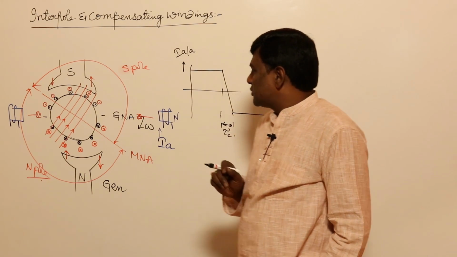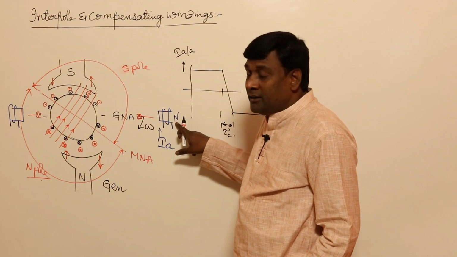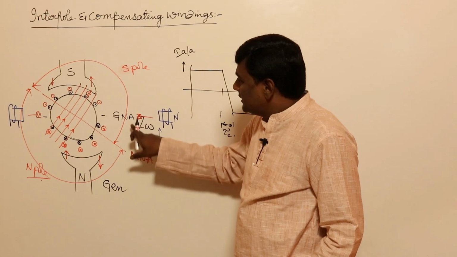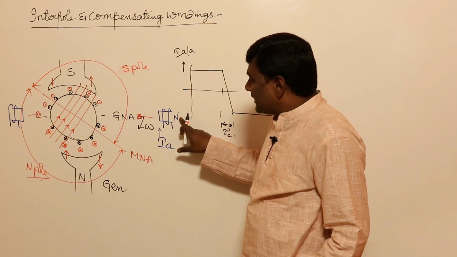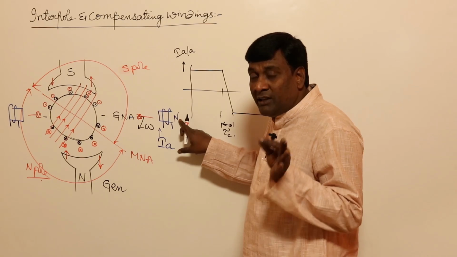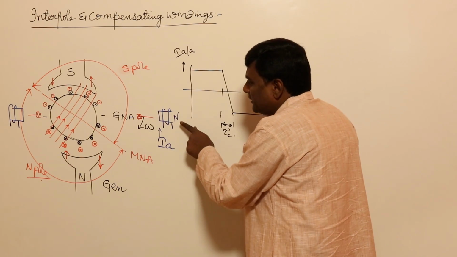Okay, what is the conclusion here? This particular interpole polarity in the generator: this is GNA, this is N, this is N. So my interpole polarity, this is actually a very important conclusion. Some questions are there, we are going to solve anyway.